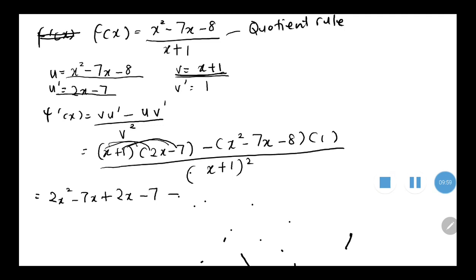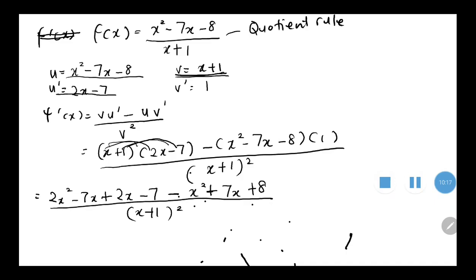Okay, minus x squared, minus plus minus you get plus 7x, plus x over (x plus 1) squared.